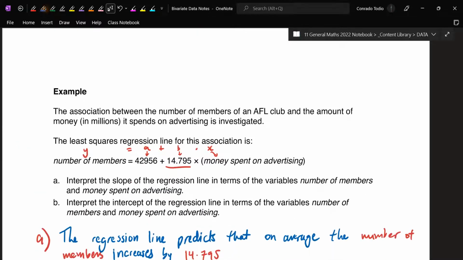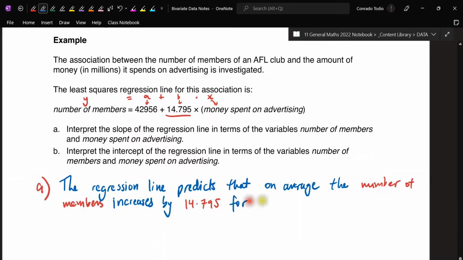So for each 1 unit increase in the EV, and then tell me what's the EV. In this case, it's money spent on advertising.